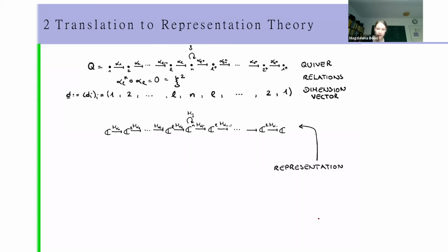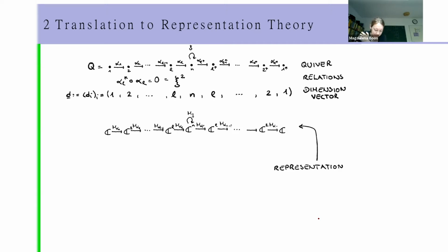And now let's look, what is a representation of this quiver? At the vertices, we put vector spaces. And in this example, we just grab C to the something. And then for the arrows, we fix C linear maps. So each arrow corresponds to a C linear map.